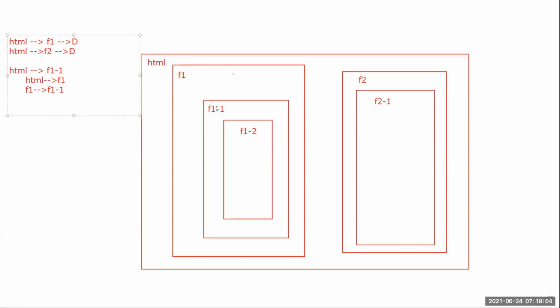If you want to go to F12 from F11, this is direct. Now for F11, how do we navigate is here. To move to F11, you have to follow this.